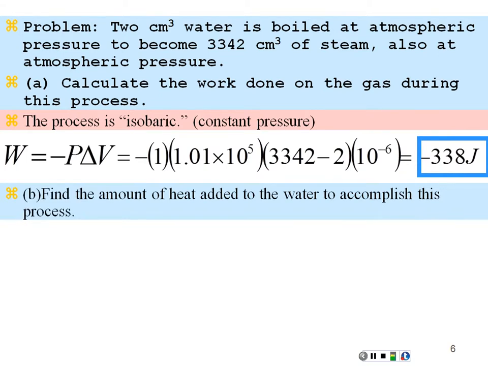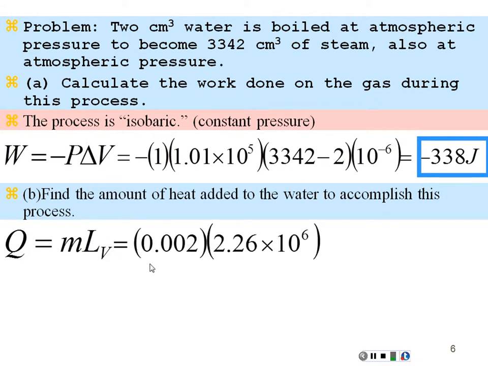Find the amount of heat added to the water to accomplish this process. If we're going through a phase change from liquid to gas, then that would involve the mass of the substance times the latent heat of vaporization. So our Q is going to be the mass times the latent heat of vaporization. The mass in this case is 2 cubic centimeters of water, which corresponds to 2 grams if it's pure water by definition.